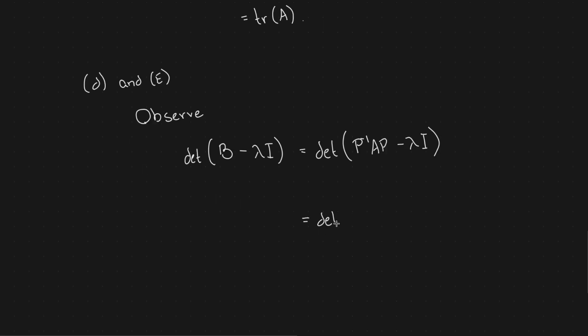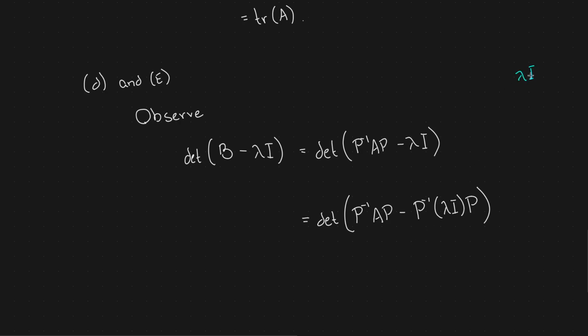That is, because matrix I commutes with everything, I could do P inverse times lambda I times P. Okay? I could absolutely do that.